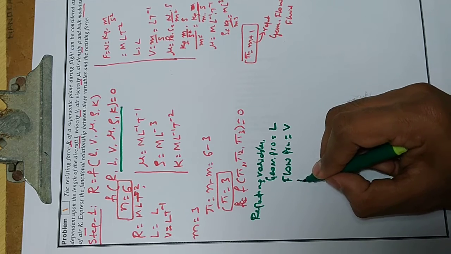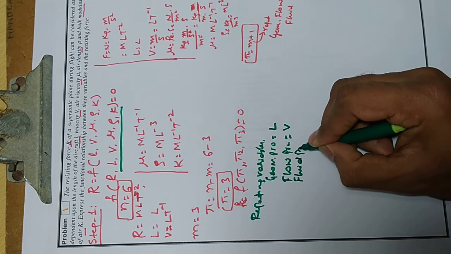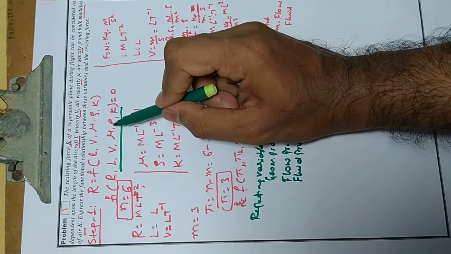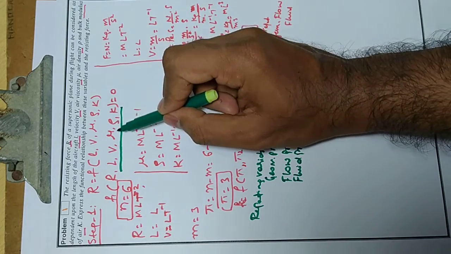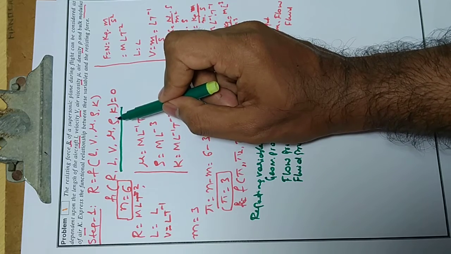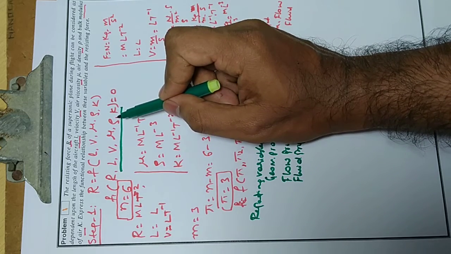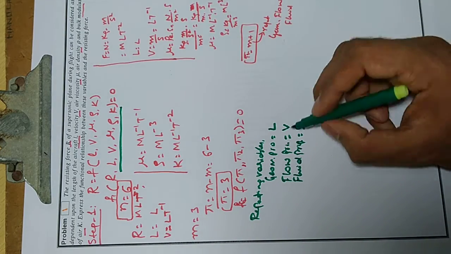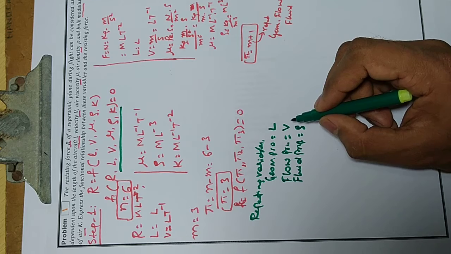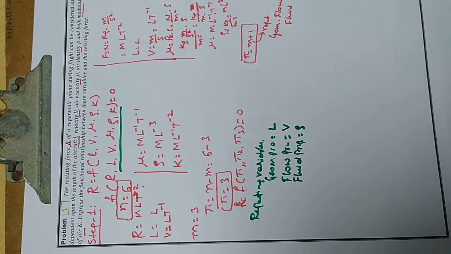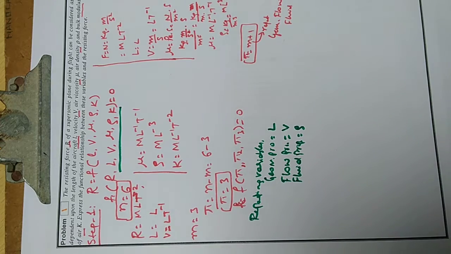Next, fluid property. Mu is there, density is there. These are the fluid properties, but we choose rho. So these are the three repeating variables we choose.